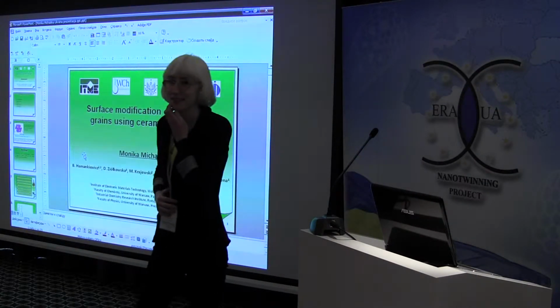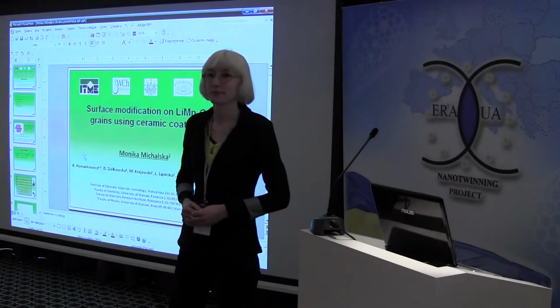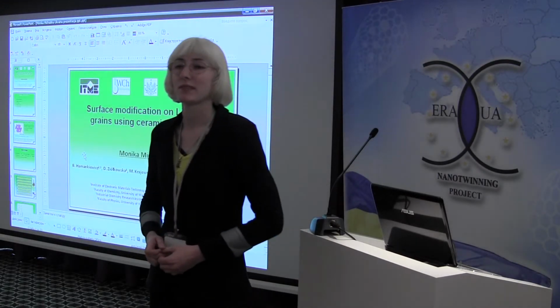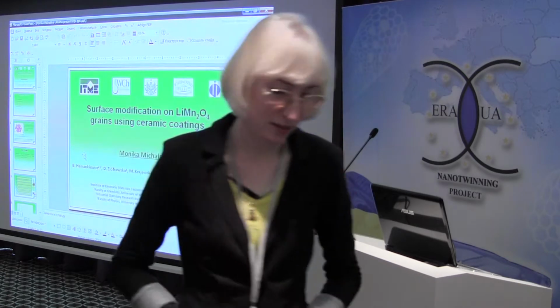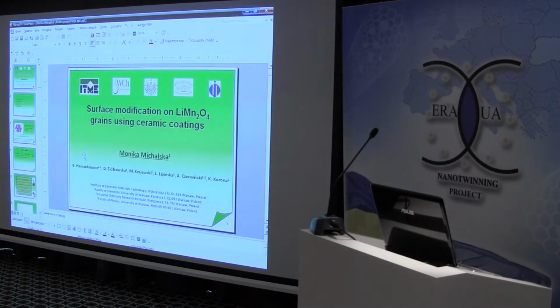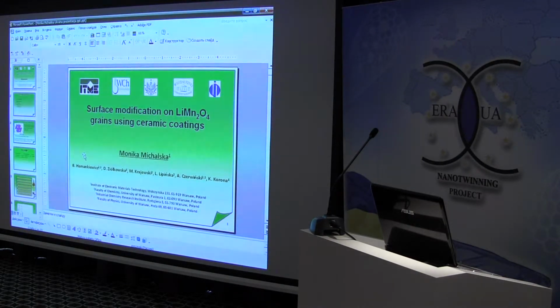Okay, I just wanted to ask, how does this material compare with current lithium-ion batteries? Because what is the capacity of current lithium-ion batteries? For example, for this material, I will tell you on my first slide, it's about 150 theoretical.